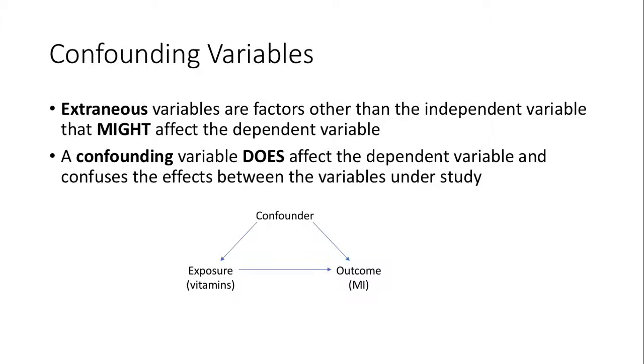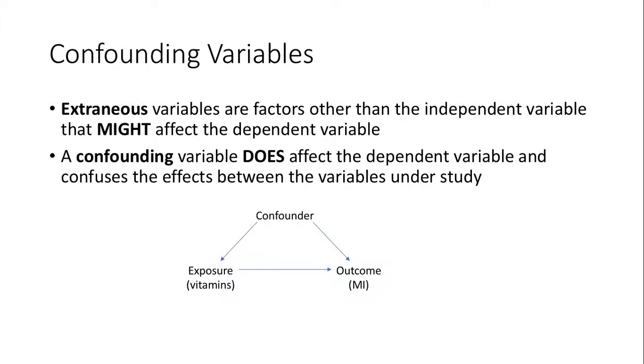Say, for example, you have a study looking at the effect of vitamins on myocardial infarction. And maybe you do a case control study where you've gone back in time and identified patients who had an MI and who did not have an MI, and you look at whether or not they had taken some vitamins. And maybe you find a difference, or maybe you don't.